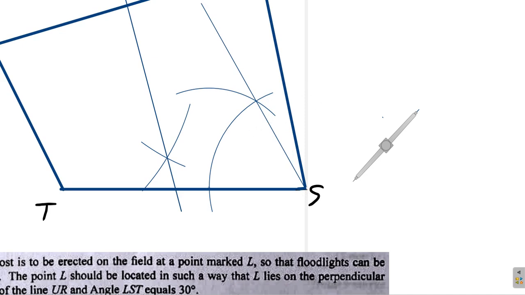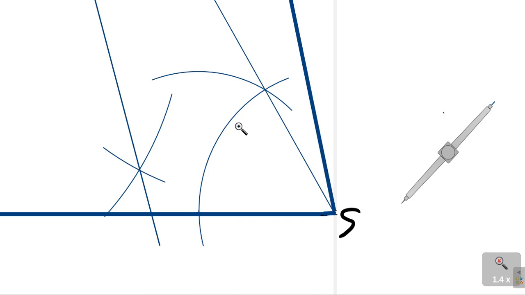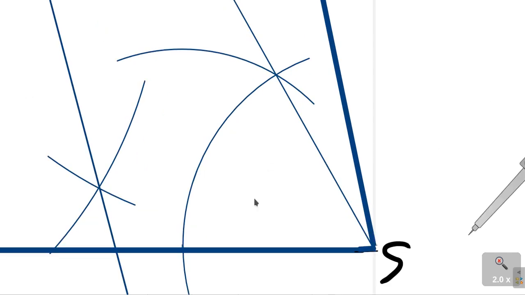You might say, how do I know it is 60? Well, look at this. You zoom in a bit. If you have from S to here is the same distance from S to here, then from here to here must be the same distance, right? Has to be. So what you have is an equilateral triangle.